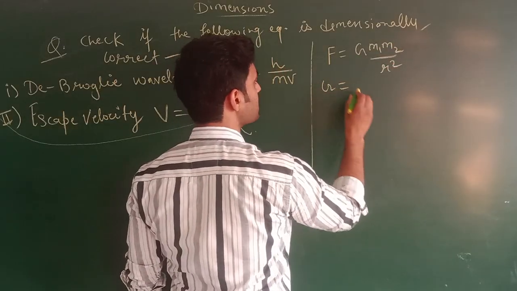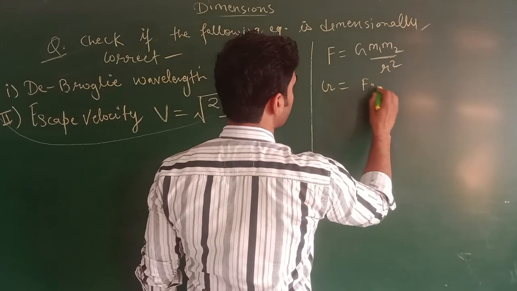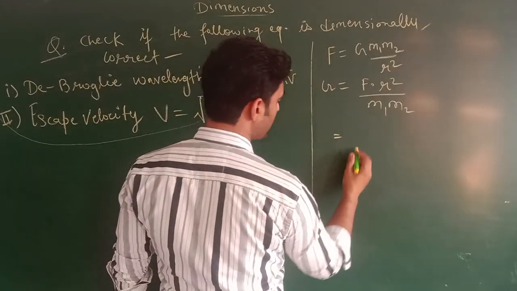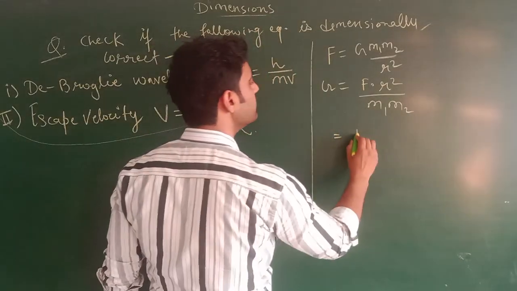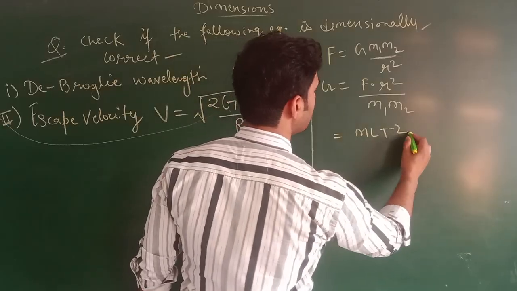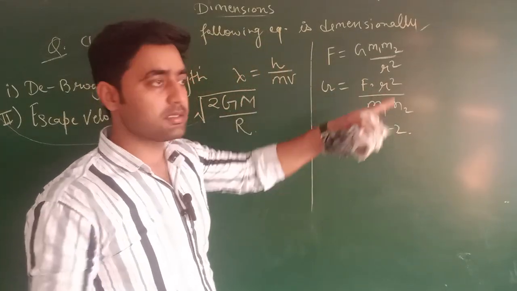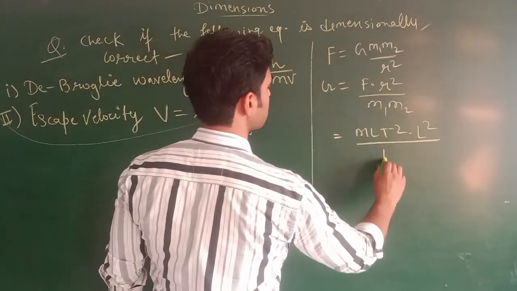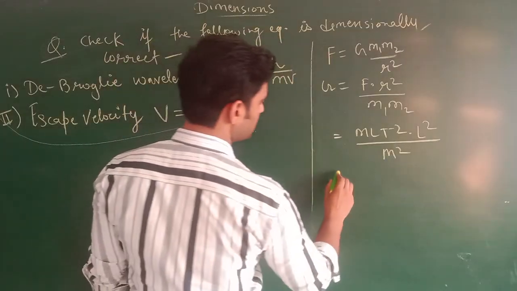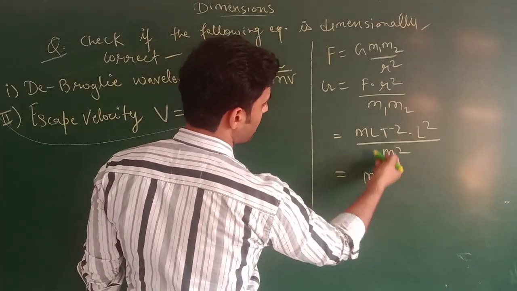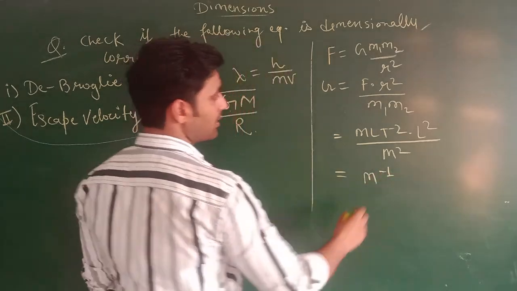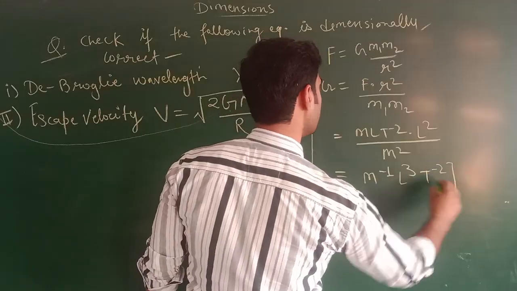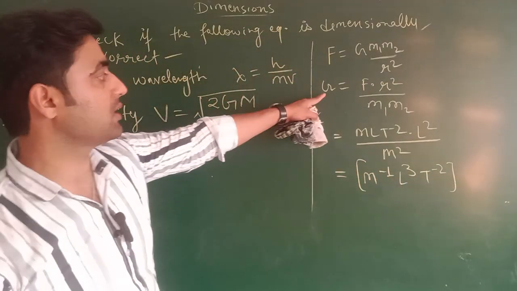Hence G equals F R square divided by M1 into M2. The dimensional formula of force is MLT^-2. The dimensional formula of radius square, radius is a type of length, so L square, divided by mass into mass, M square. So this becomes M to the power minus 1, L cube and T to the power minus 2. This is the dimensional formula of capital G.